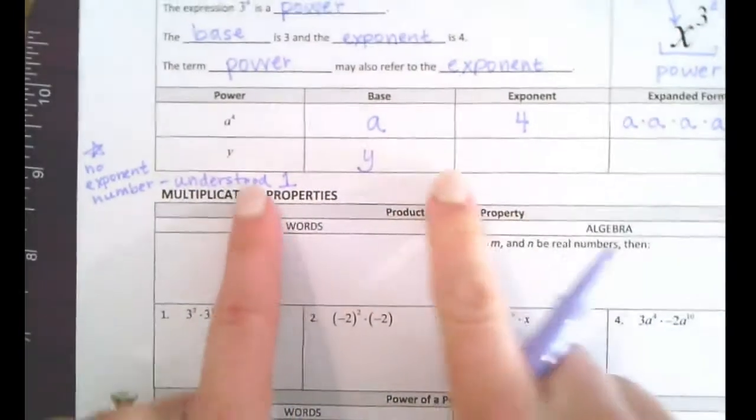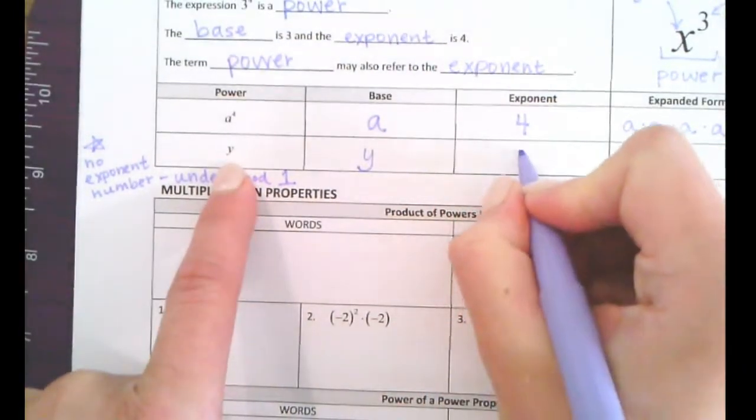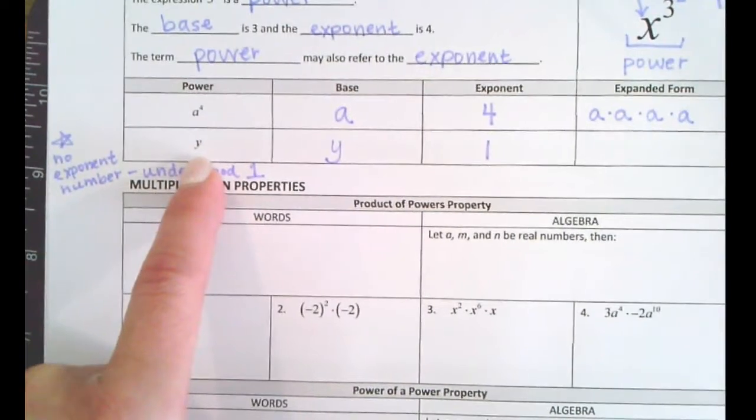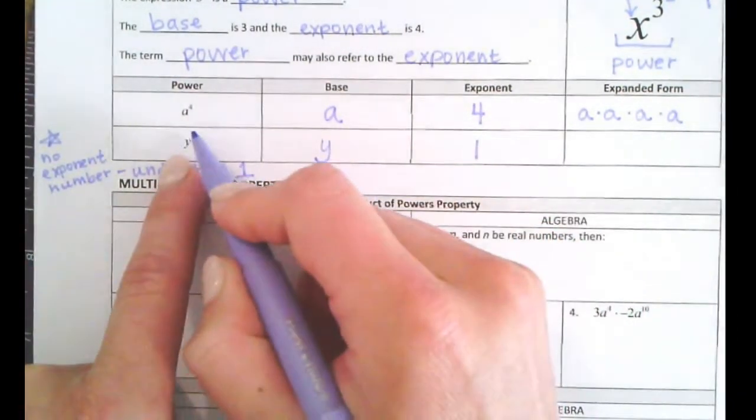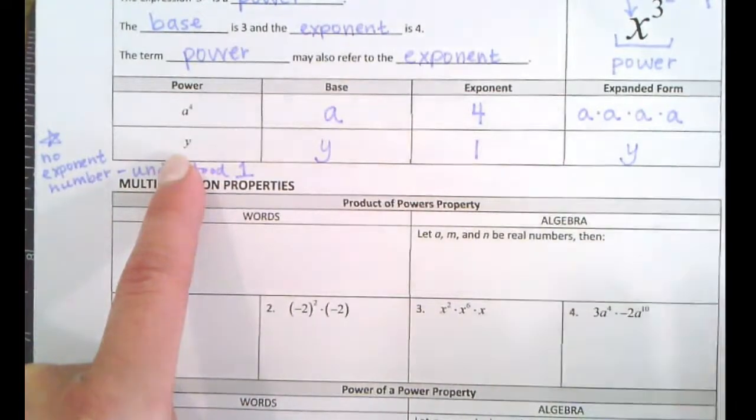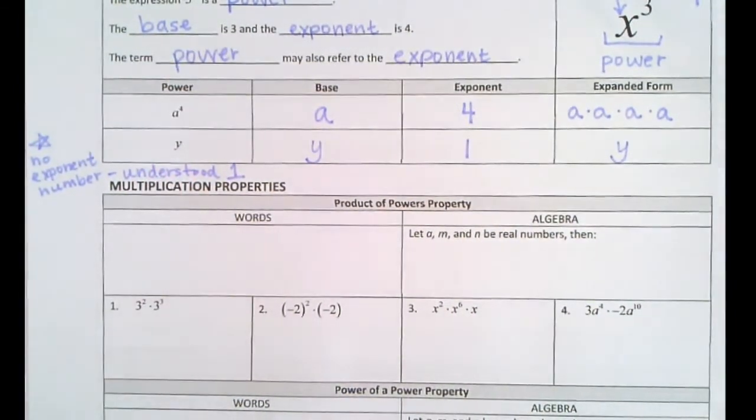So the exponent to just y is 1. Meaning my expanded form, I want y written 1 time, and that is the only part you can do for the expansion.